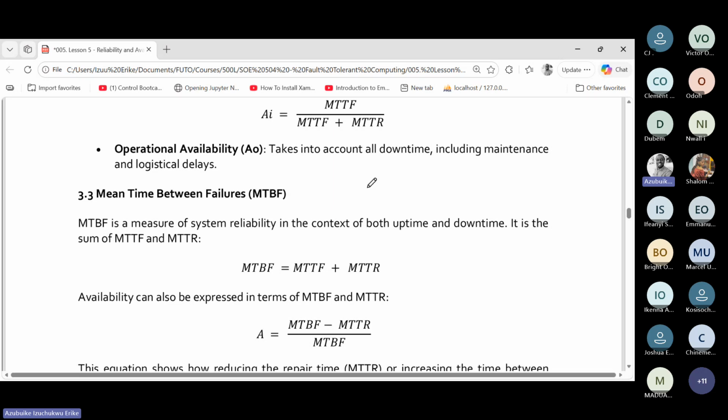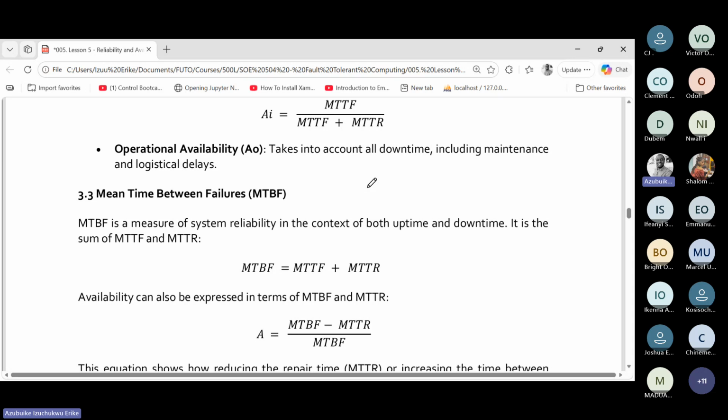And this brings us to the illustration I gave previously, when I made mention of a system being operational for 1,000 hours, and if it fails, it will take about 50 hours to recover. And then a system that is operational for about 200 hours but takes about 30 minutes to come back.